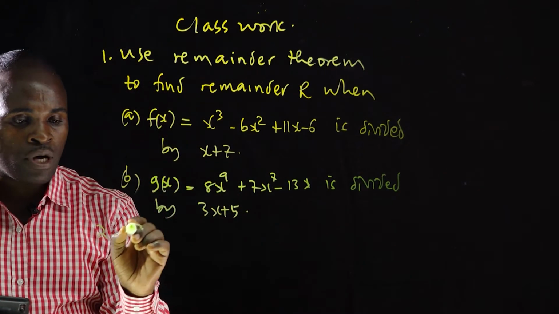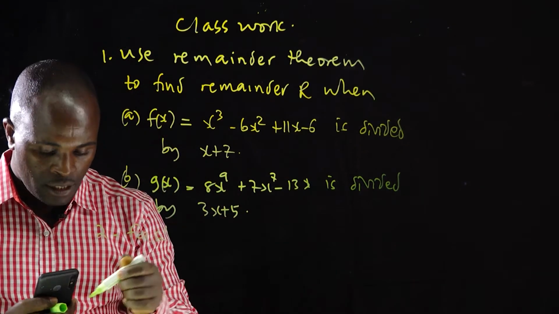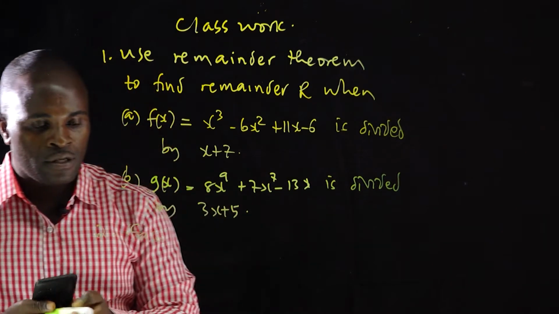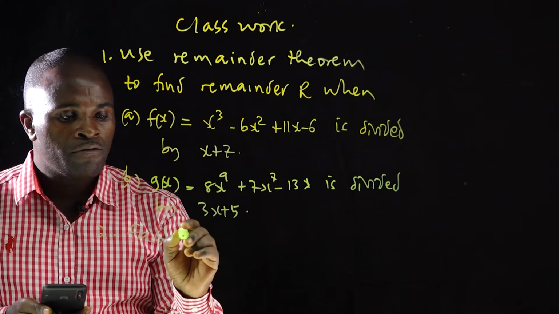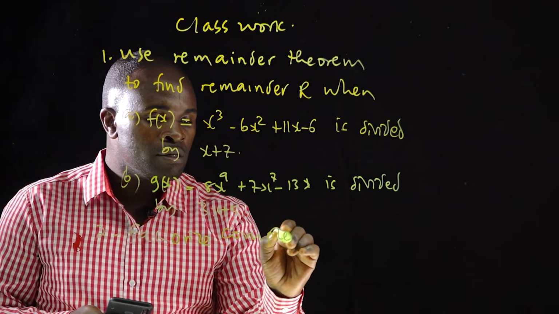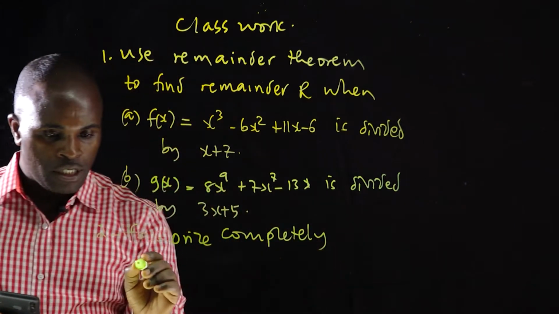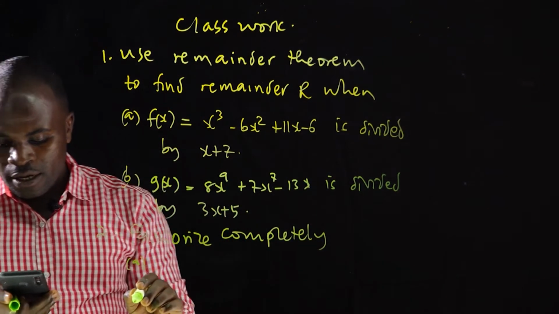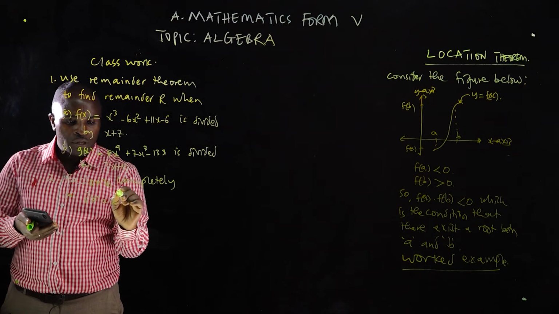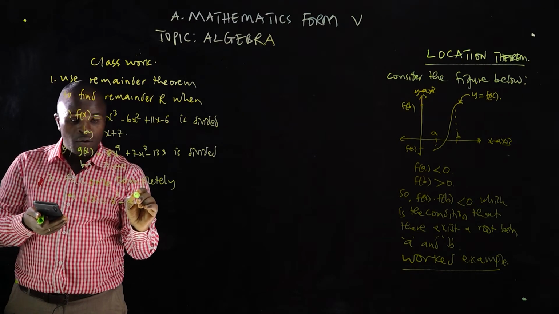Question number 2 says factorize completely. Given this, factorize completely: a, we have p of x equals x power 3 minus a power 3.